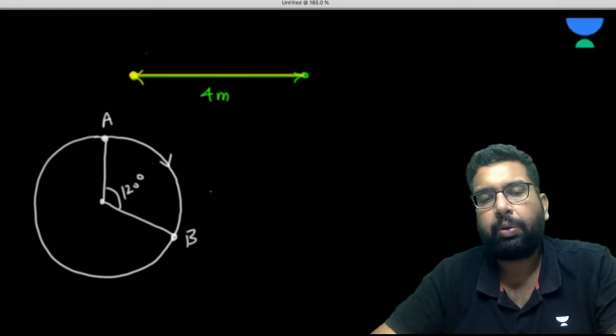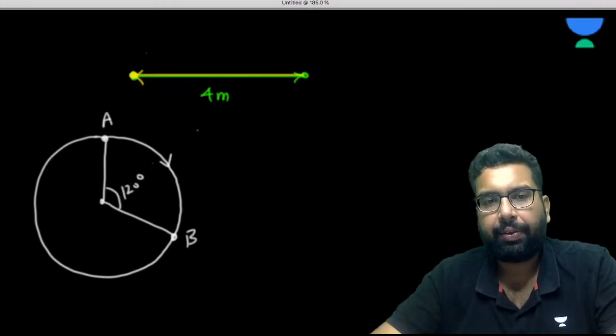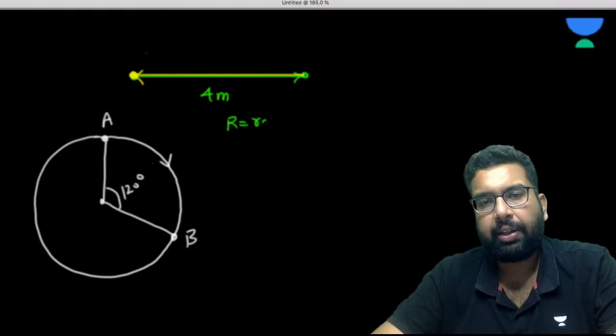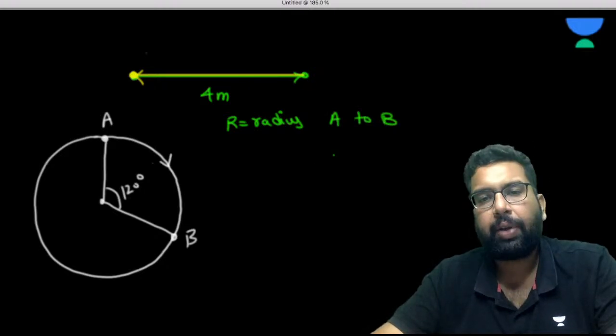So how are we going to do it? Please answer me. We need to find the displacement. R is the radius. We go from A and end up at B, and we need to find the displacement.